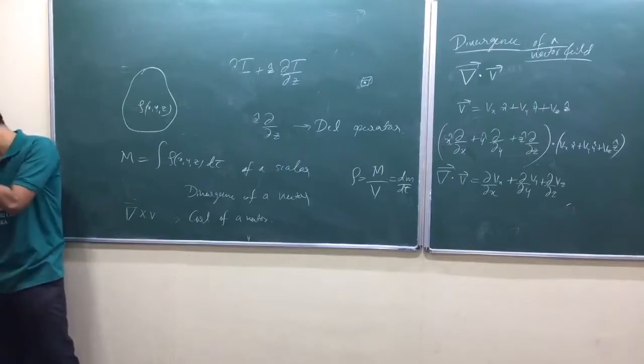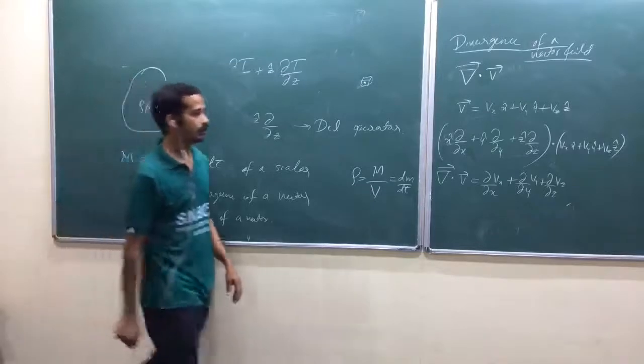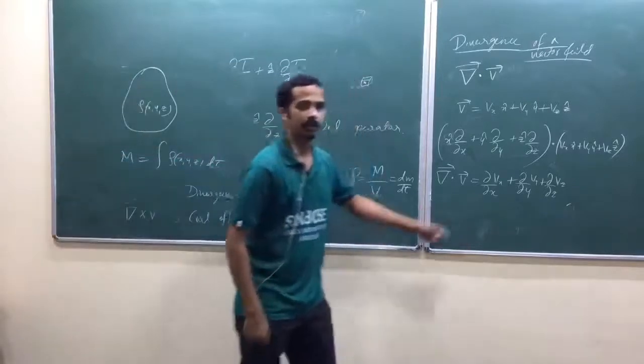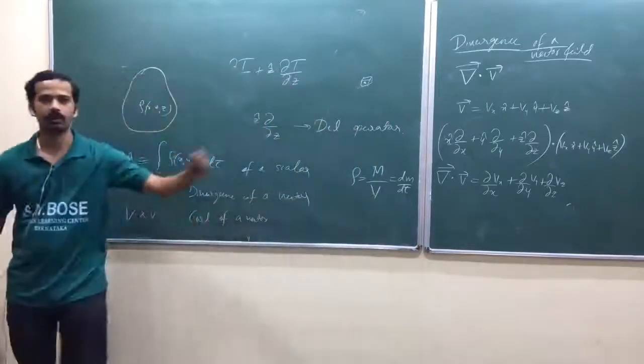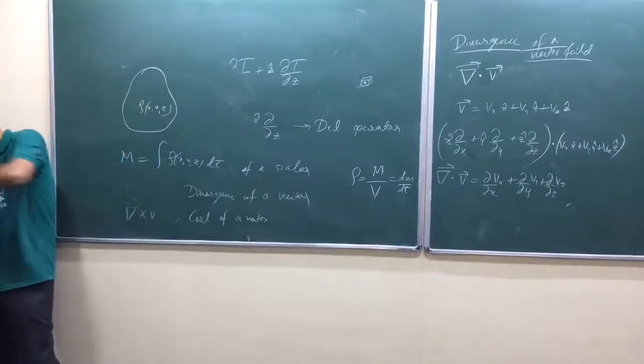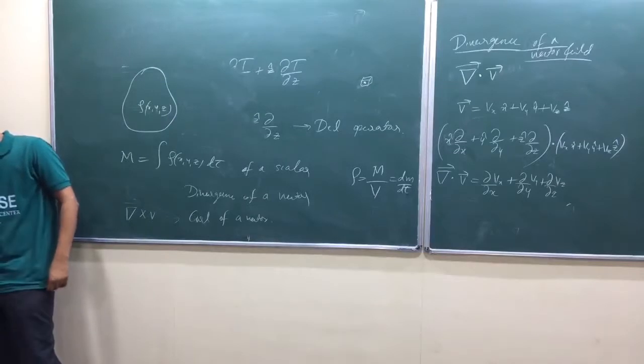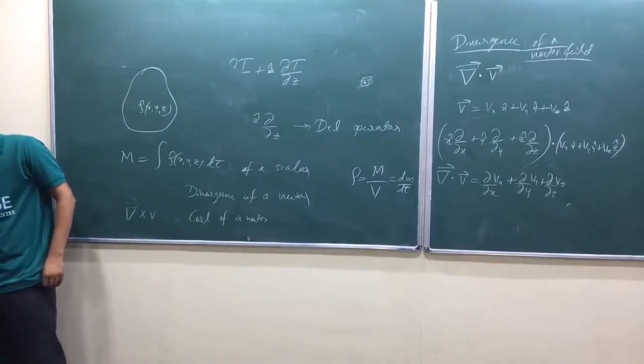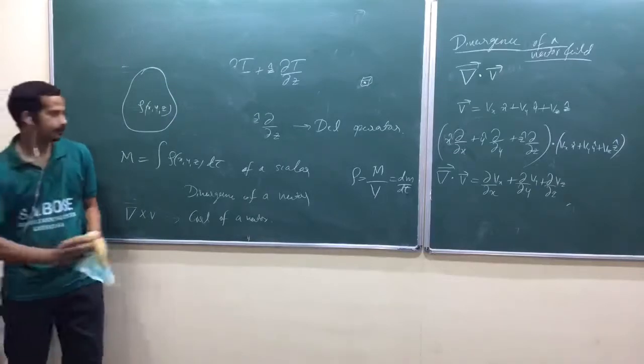Let me interpret this one later. This idea is very important when you take your Gauss theorem. In Gauss theorem, you will understand this one and why I defined it like that.